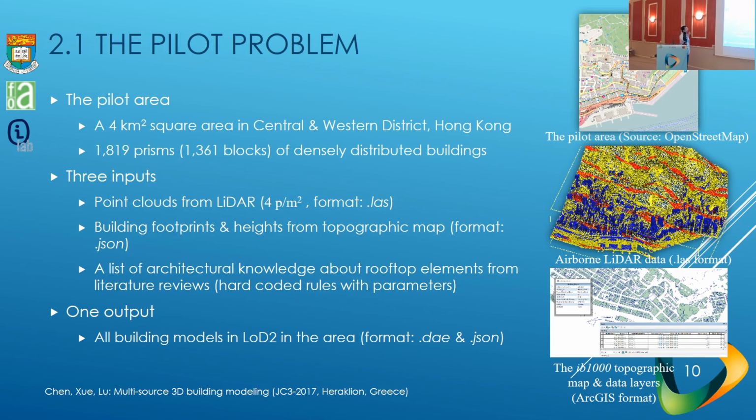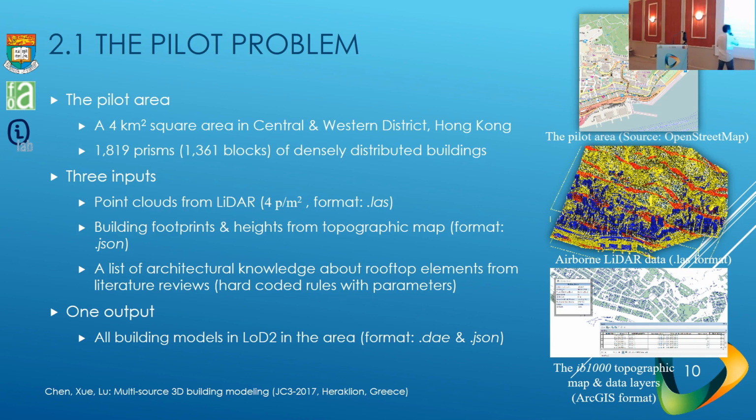So let's have the pilot problem. We have 4 square kilometers in the Central and Western District of Hong Kong. There we have over 1,000 blocks of densely distributed buildings, and we have the airborne data for all the 4 square kilometers with a density of 4 points per square meter, and we have the topographic map here.